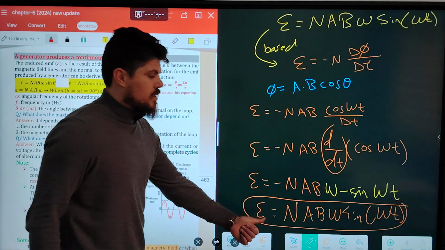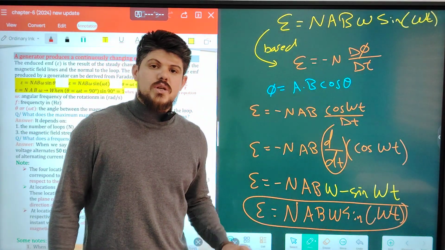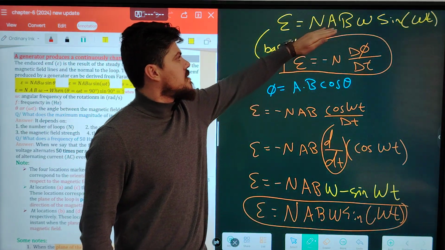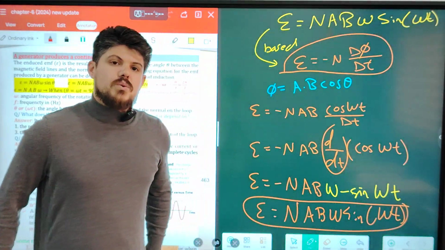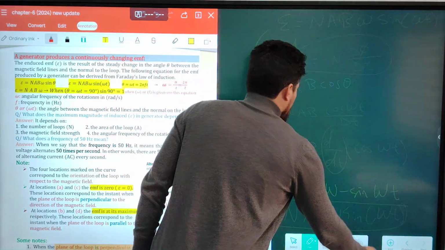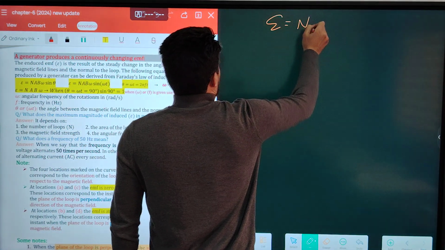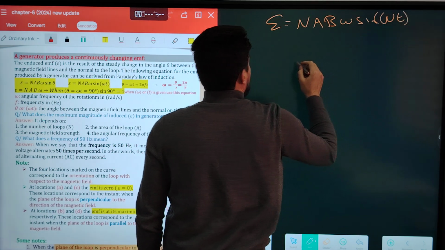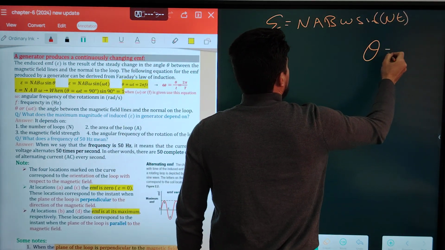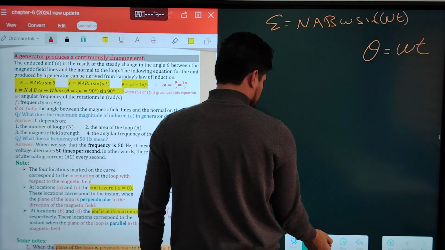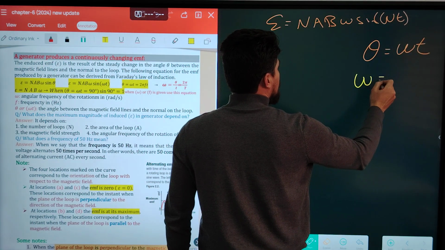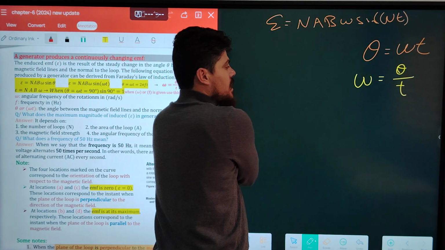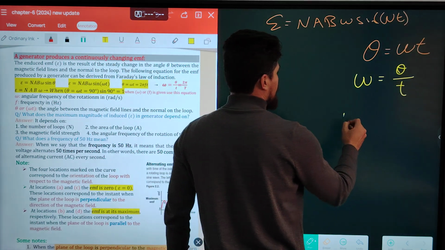So the equation of induced EMF and current in a generator is derived from Faraday's equation. We can say this is Faraday's equation for a generator: N A B omega sine omega t, or sine theta, where theta is equal to omega t. Why? Because omega is theta over time. We studied in chapter 1 that angular speed is angular displacement per period of time.